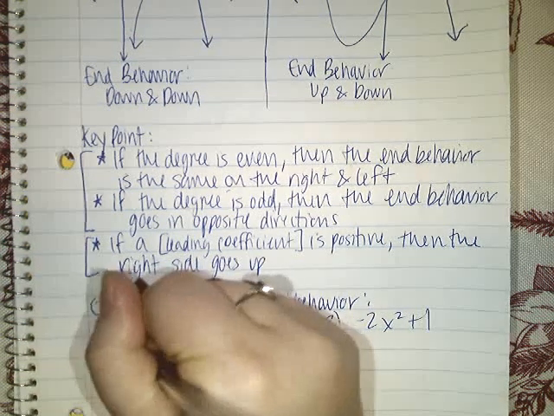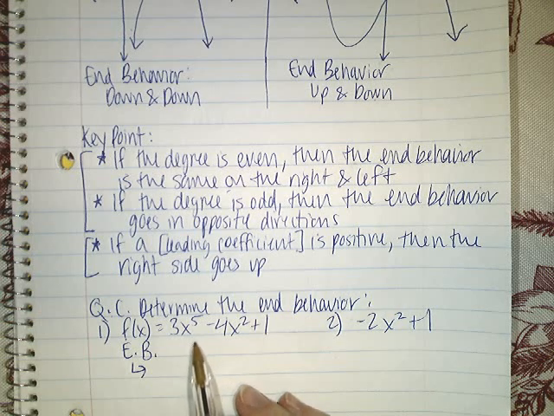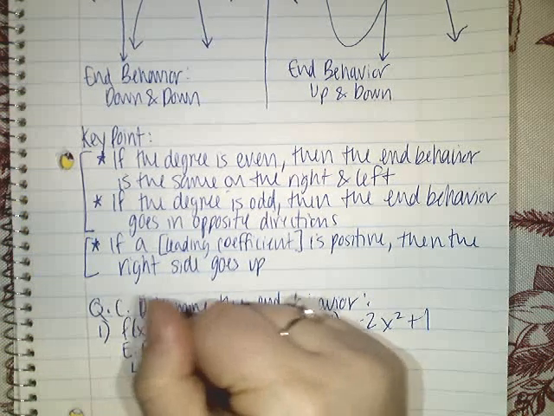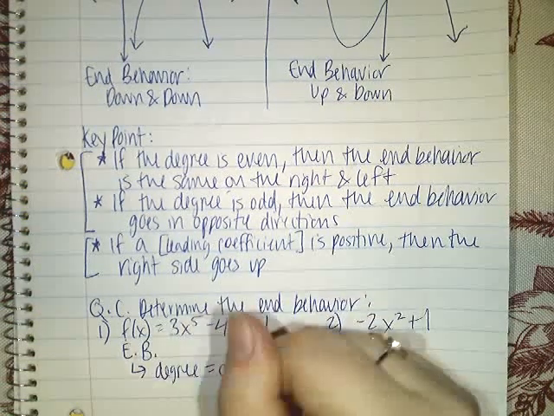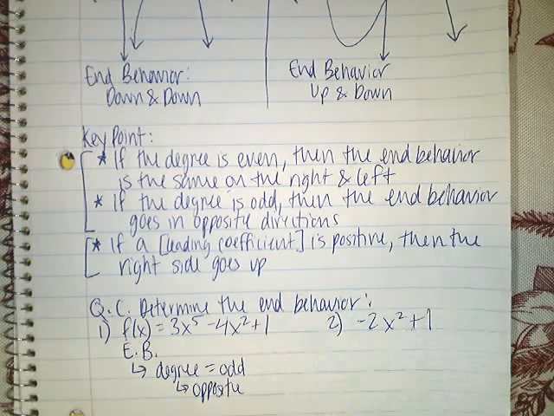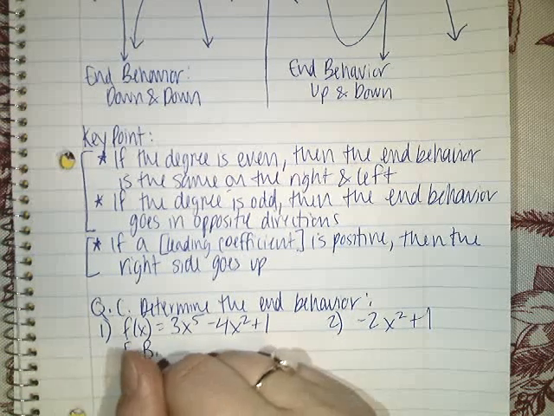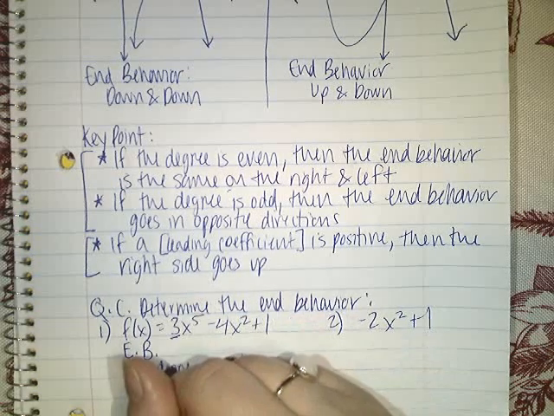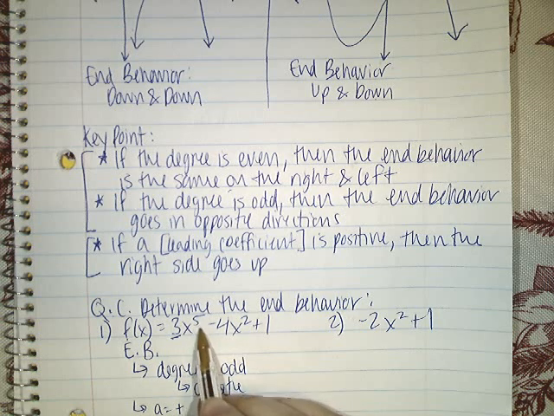So I'm going to abbreviate end behavior to EB for the moment. First thing I'm going to notice, the degree is odd. So that means they're going to be opposite. So it's either going to be up, up, or down, down. Then I'm going to look at the leading coefficient. A is positive because my 3x to the 5th is the highest degree.